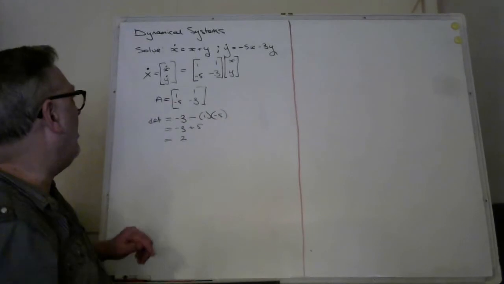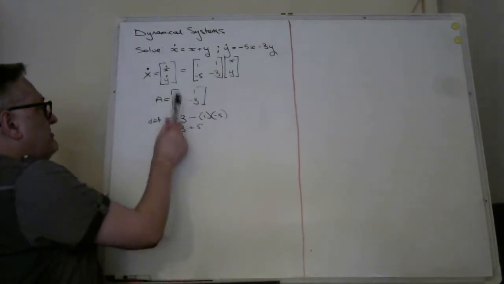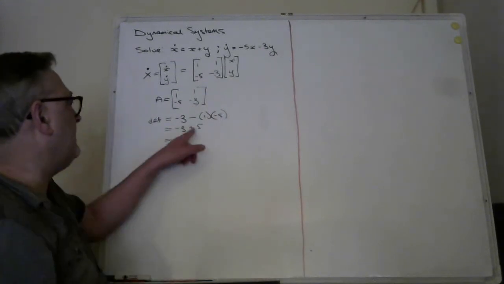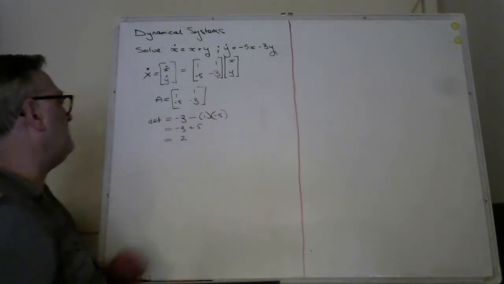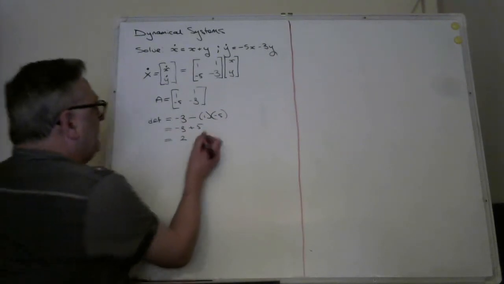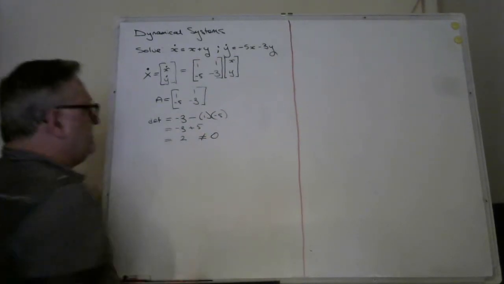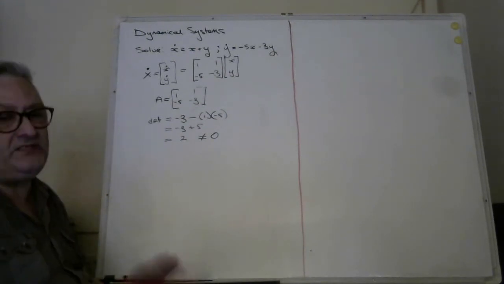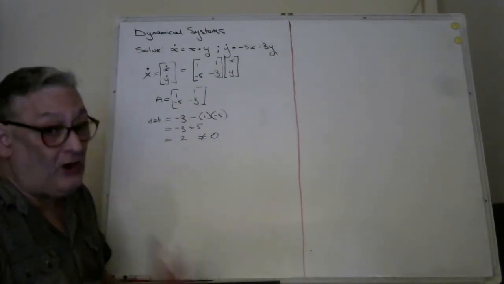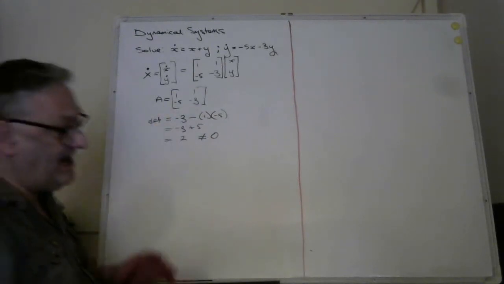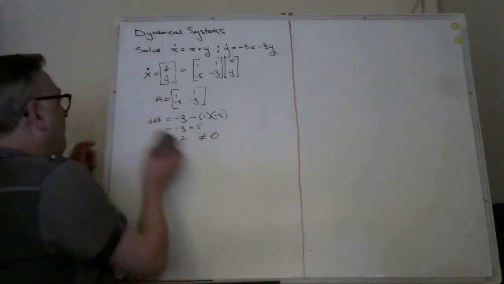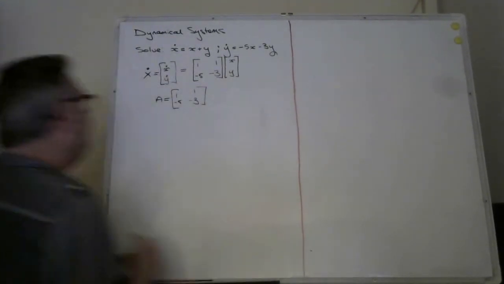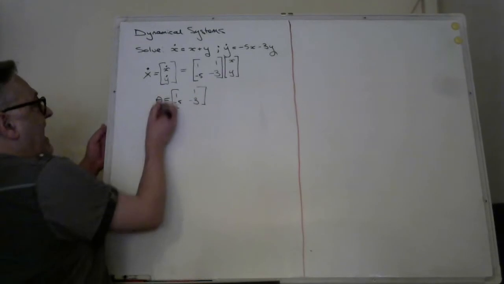So we can see, in this particular case, this determinant is non-zero, so we can seek to find a solution, generally at the origin for this kind of case, by finding the characteristic equation associated with matrix A.